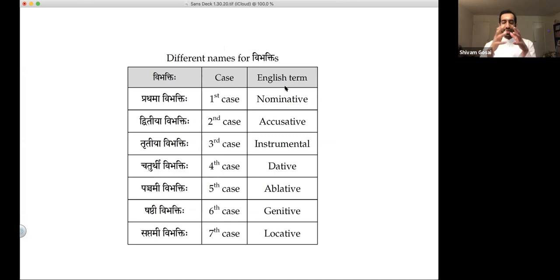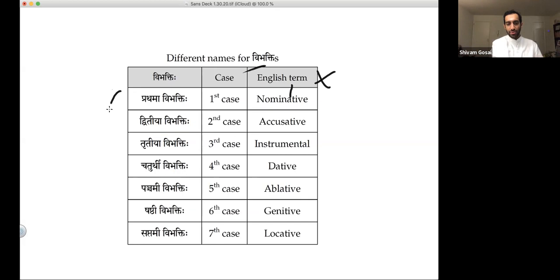What I'm trying to say is, when English grammarians were trying to write names for the vibhakti, they equated vibhakti and karaka. But they're different concepts. So really, these English terms are confusing. So we are not going to refer to the English terms throughout this book.